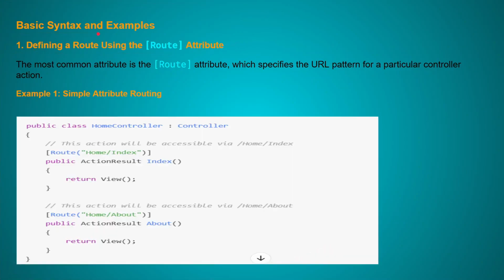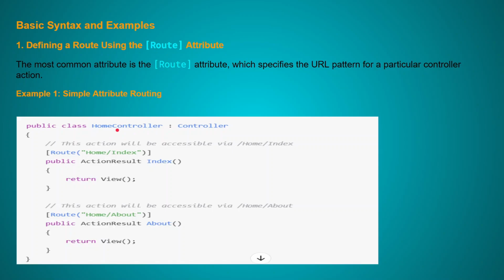Basic syntax and example. Defining a route using the Route attribute. The most common attribute is the Route attribute, which specifies the URL pattern for a particular controller action. Example, simple attribute routing.